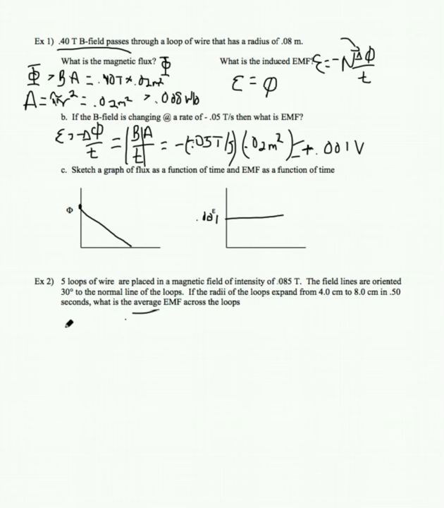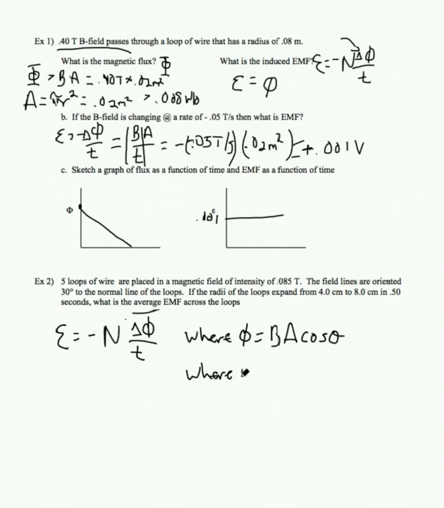So we can use Faraday's law, E equals negative N delta phi all over T, and we have phi is not given, but we can calculate that as B times A times the cosine of the angle. Now, B is given, the angle is given, but A isn't given, so we can do an intermediary step where A, and actually we're going to calculate delta A because it's changing, is going to be pi times R squared minus R initial squared.